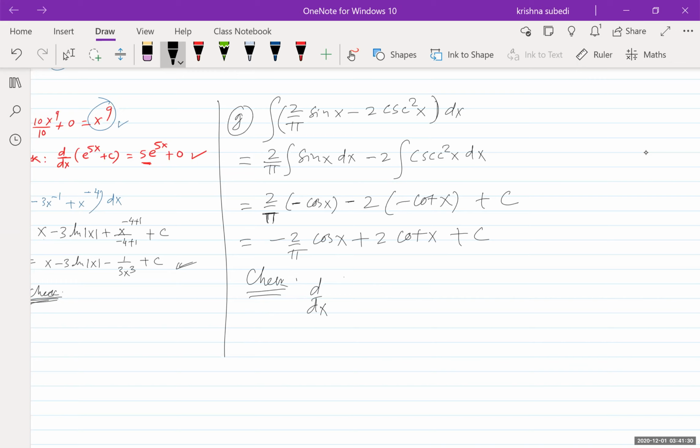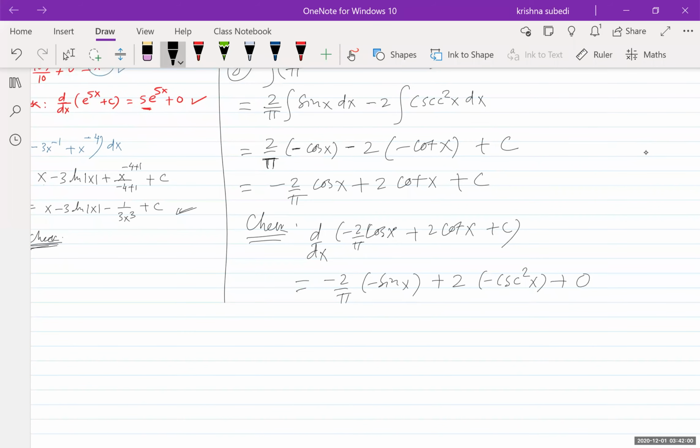Derivative of minus 2 over pi cos x plus 2 cot x plus c equals: the derivative of cos x is negative sine x, so that's going to give me 2 over pi sine x, plus 2 times the derivative of cot x, which is negative cosec square x, plus the derivative of c, which is 0.